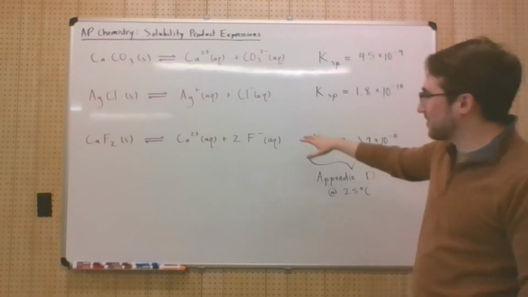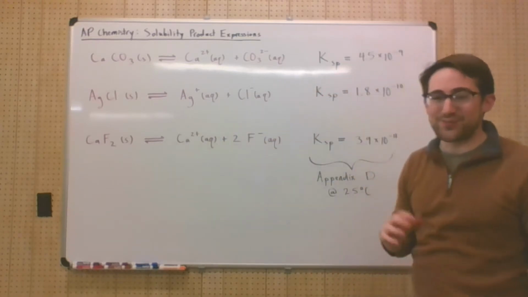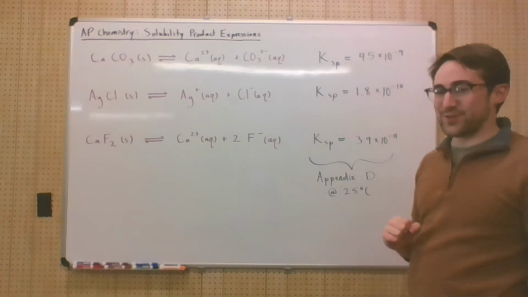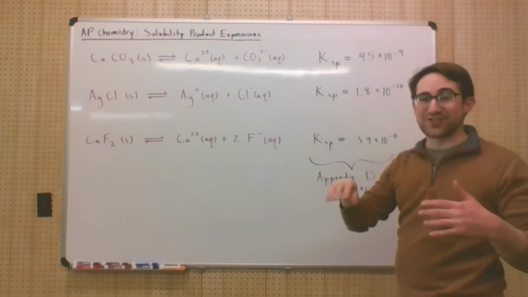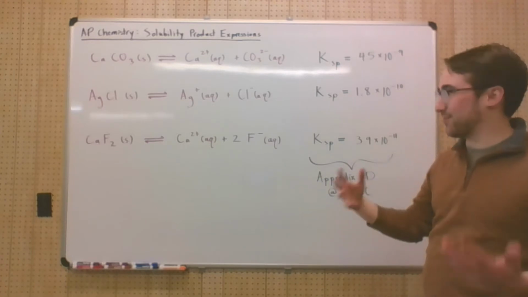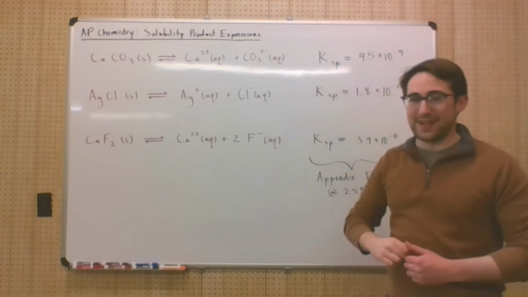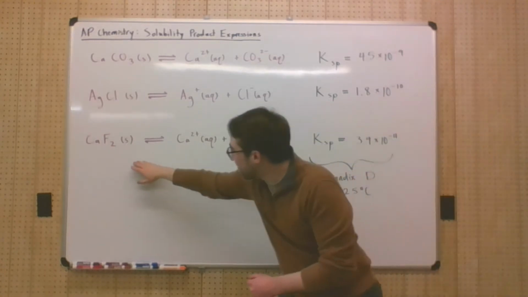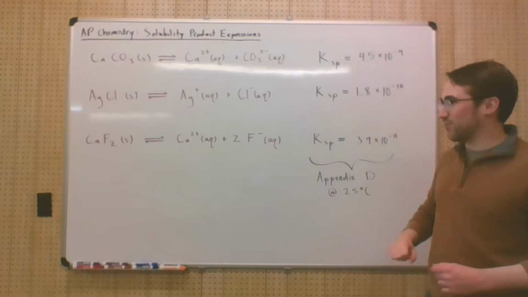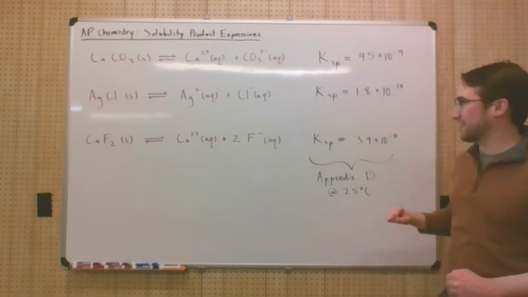So we can interpret what's going on in the process, just like with any other reversible reaction. Our AgCl is not as soluble. It's not able to dissociate as completely as our calcium carbonate is. And even more so for our calcium fluoride here that breaks up into Ca2+ and 2 F- ions.